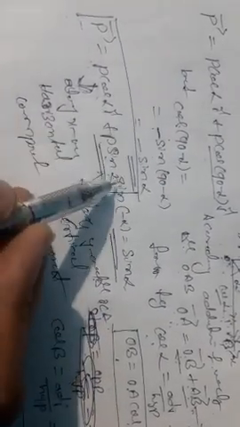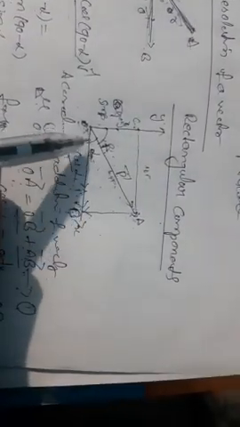i cap and j cap are the unit vectors. That is the concept of rectangular components. Once again, listen. First, draw the x coordinate and y coordinate.